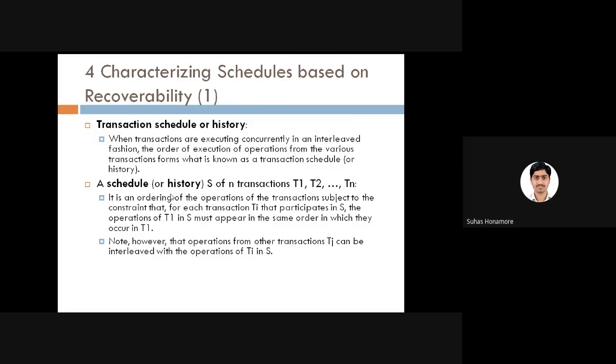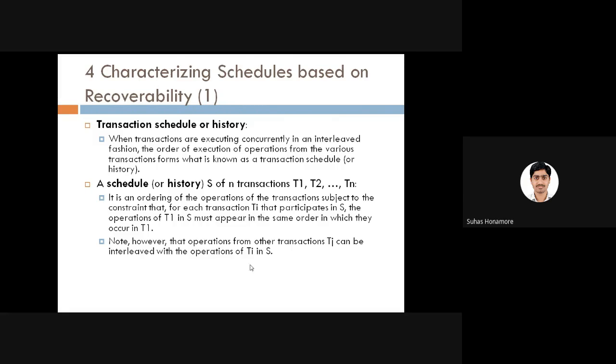The schedule is a combination of a number of transactions T1 to Tn. When we write it, the order in T1 should be there in S also: reading A, then writing A, then reading B. Maybe they may take different time intervals; all three operations will not execute immediately.